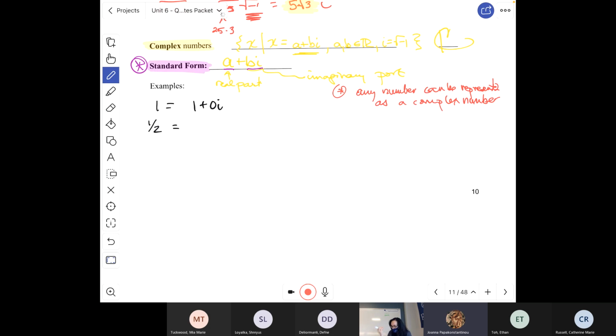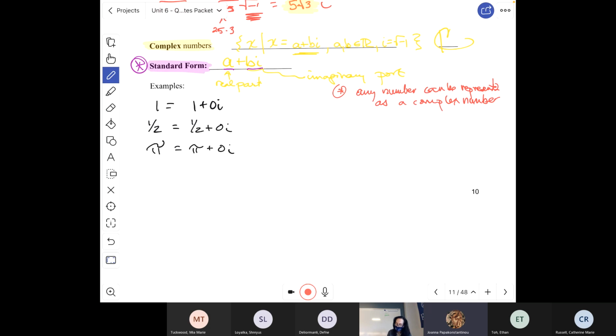And can I represent it as a complex number? Sure. 1/2 plus 0i. What if I give you pi? What type of number is that? Real. What else? Irrational. Can I represent it as a complex number? Pi plus 0i. Very good.